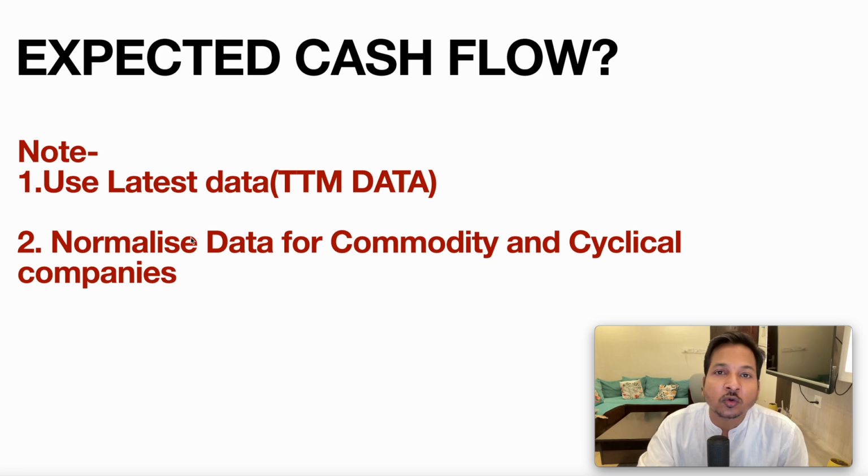The only thing is, two things you have to keep in mind when you are calculating. First, as far as possible, use the latest data, that is the TTM data. Otherwise you will be in trouble, because if we are using one year old data, things may have changed. And the second thing is, for commodity and cyclical companies which run based on economy cycles, you should normalize the data.